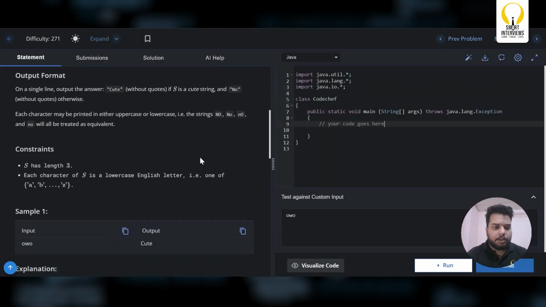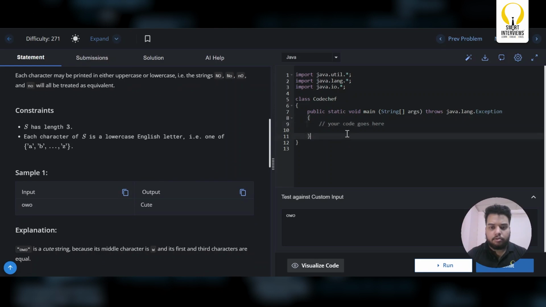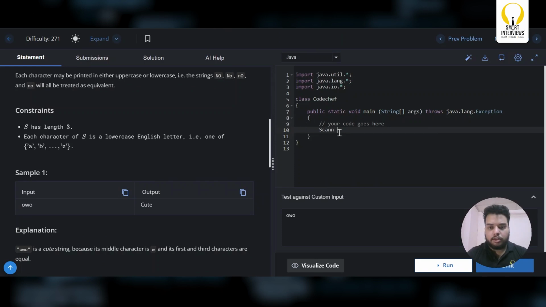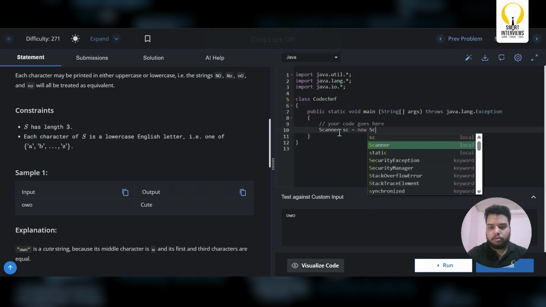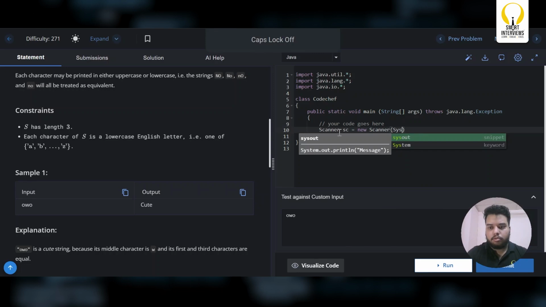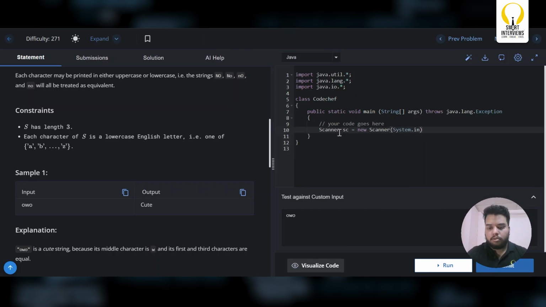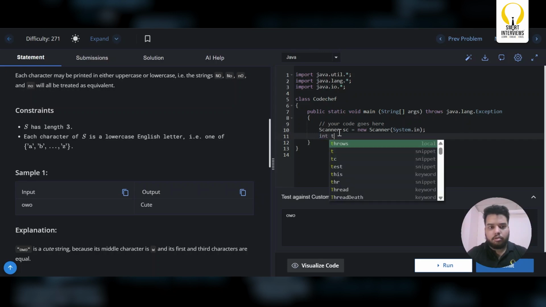In the input format they have given only a string, so we'll take the string input. Before you take the string input, we need to declare our scanner class. Okay, there are no test cases here, only a single string s.